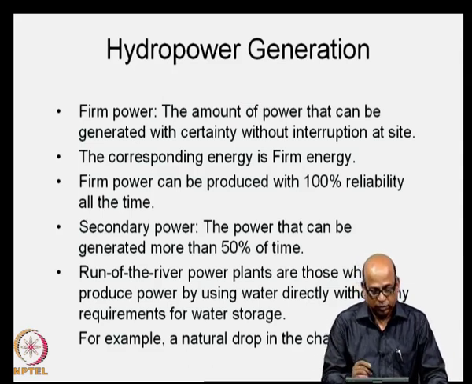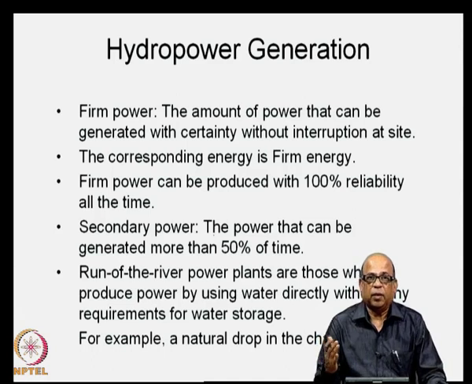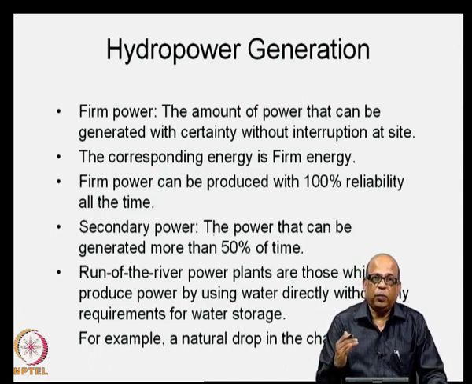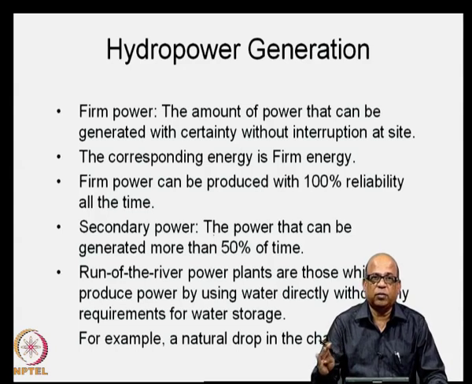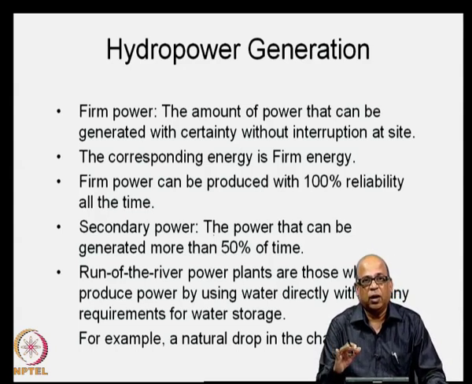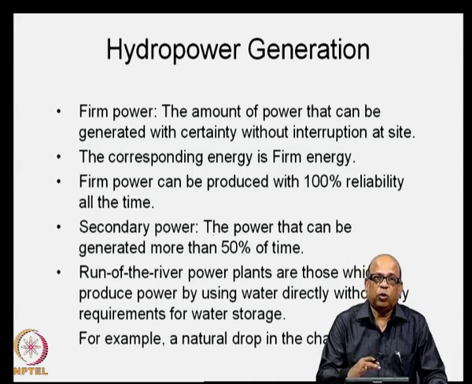We also have a concept called as a secondary power. Secondary power is that power which is available with 50% reliability. Obviously, let us say that you are promising an industry from a particular powerhouse that such a power is available with 50% reliability. Now, this power is generally priced much lower than the firm power.